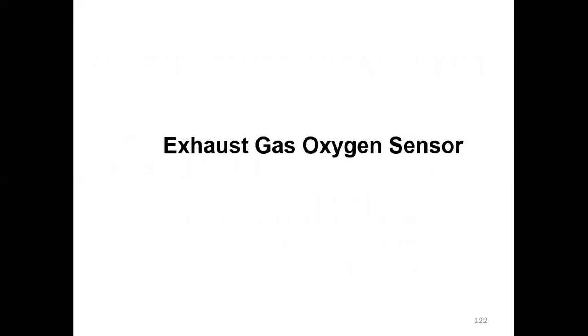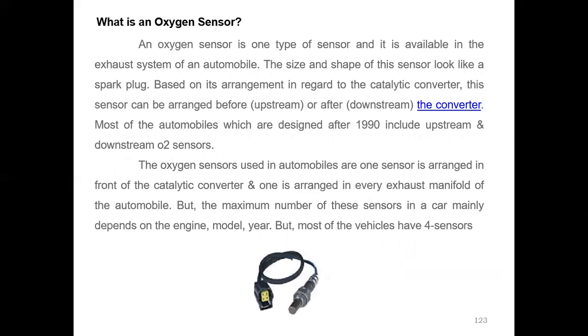Okay, next is the exhaust gas oxygen sensor. An oxygen sensor is one type of sensor and it is available in the exhaust of the automobile. The size and shape of the sensor looks like a spark plug. Based on its arrangement with regard to the catalytic converter, this sensor can be arranged before or after the converter.